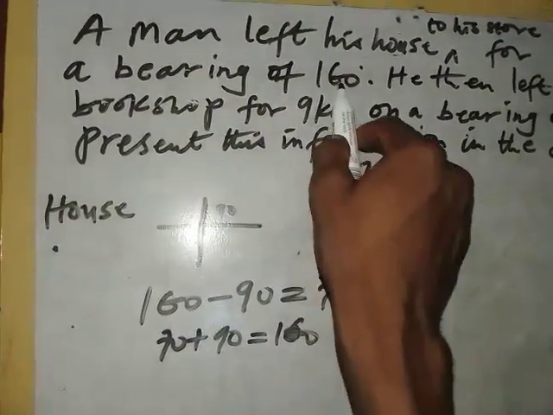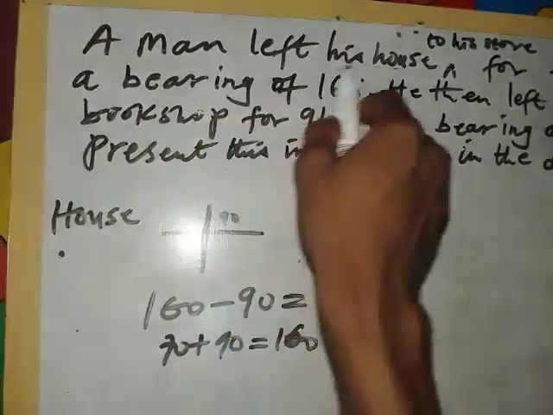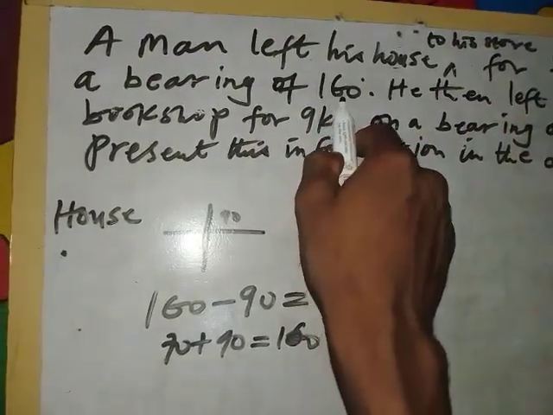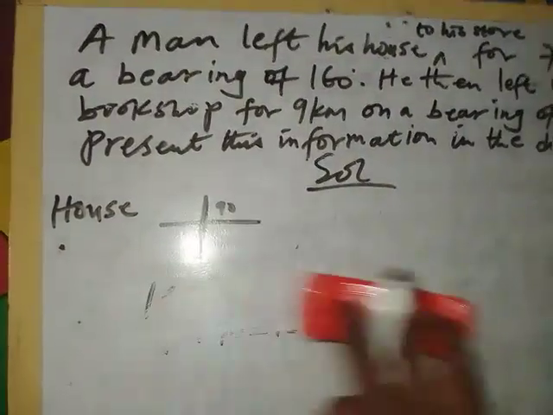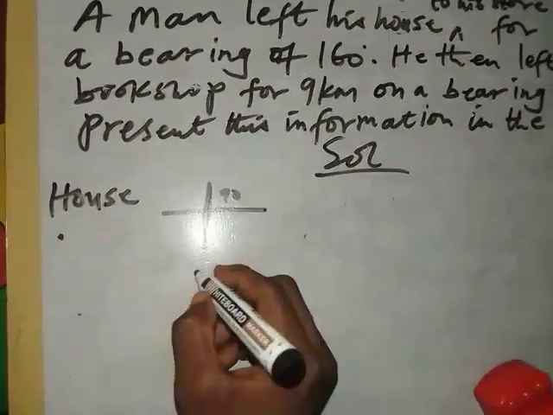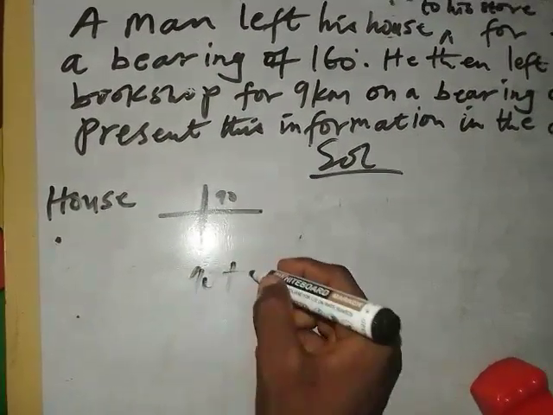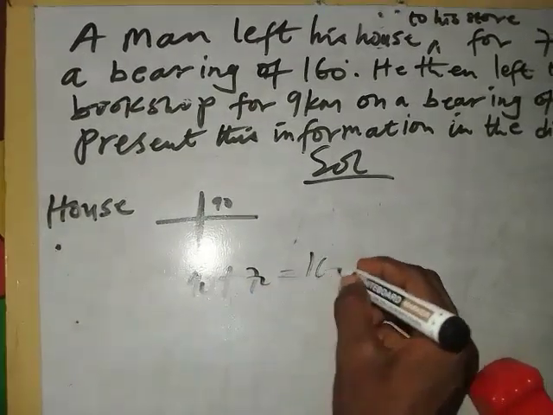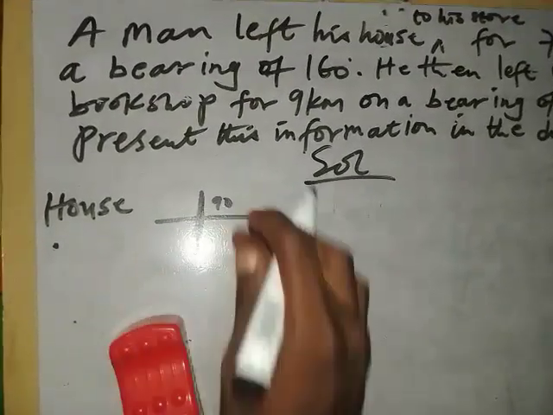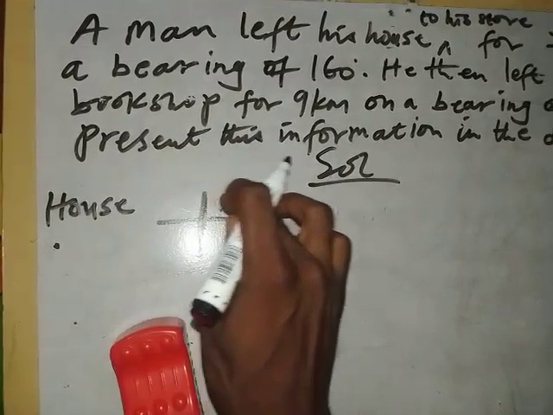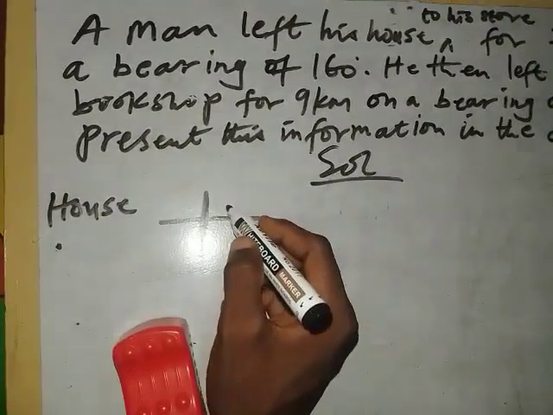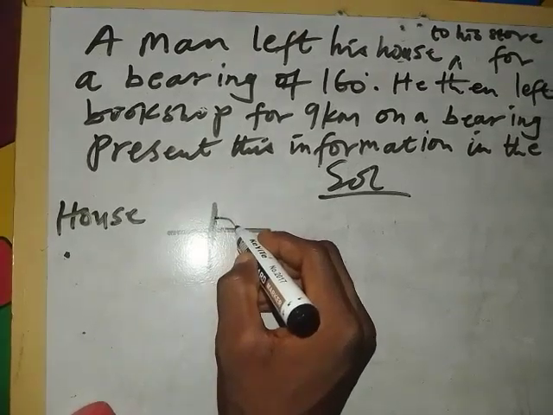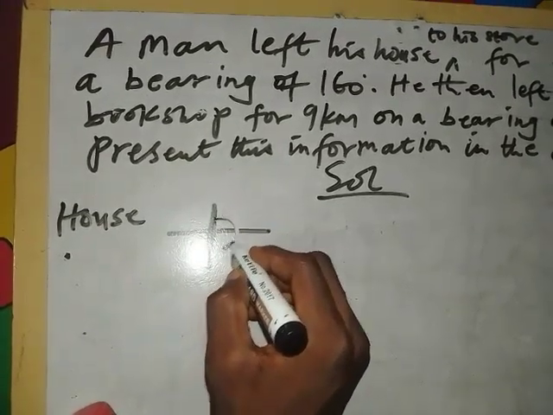Now we know that the bearing that the man used to leave his house to his store is 160 degrees. Since 90 plus 70 is equal to 160, you are going to locate from here to this point.